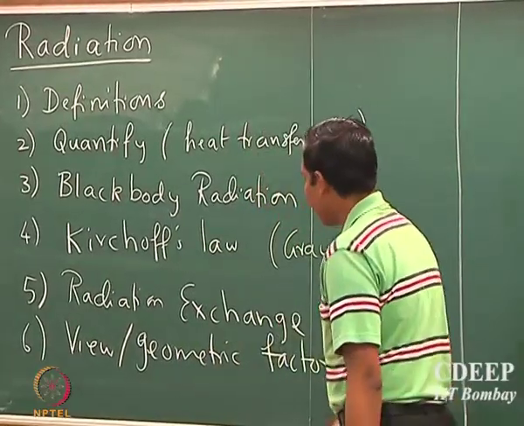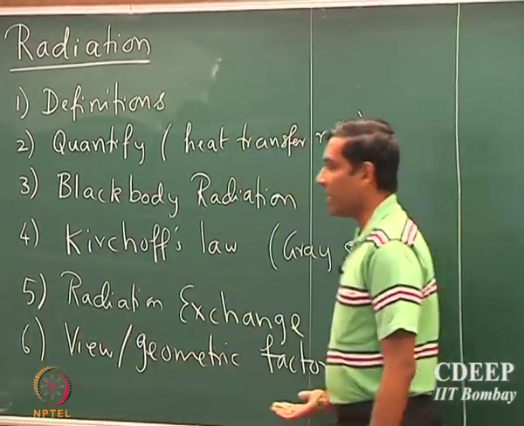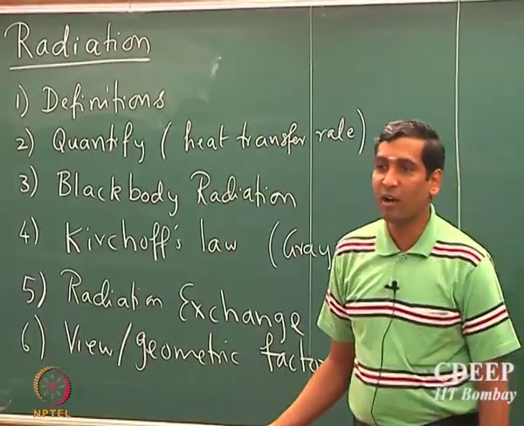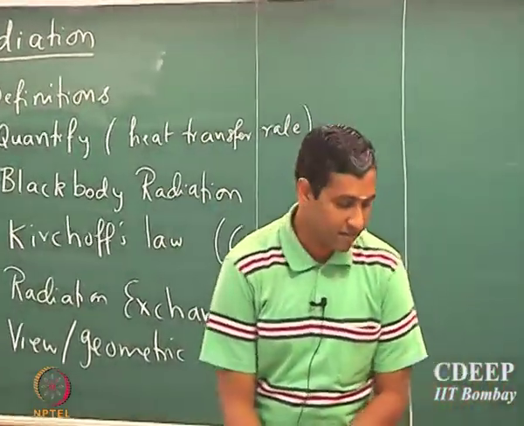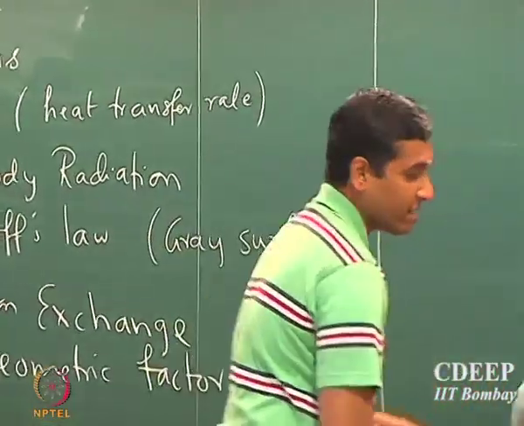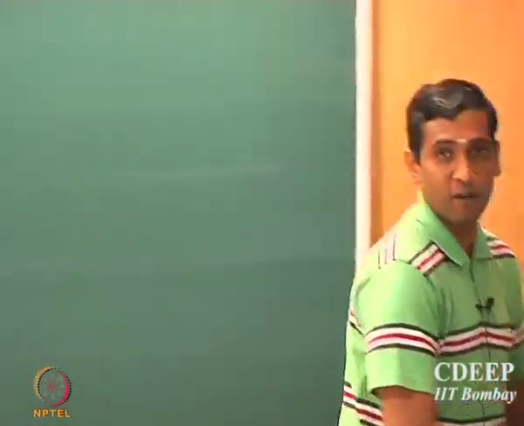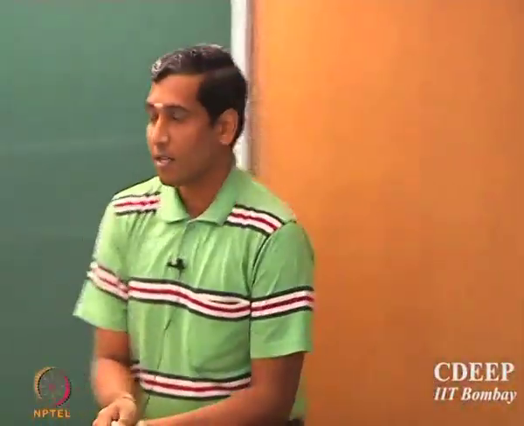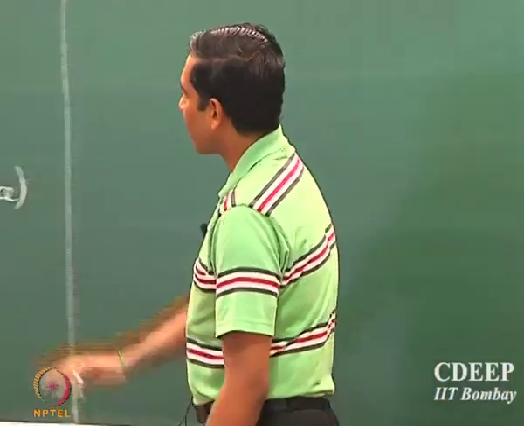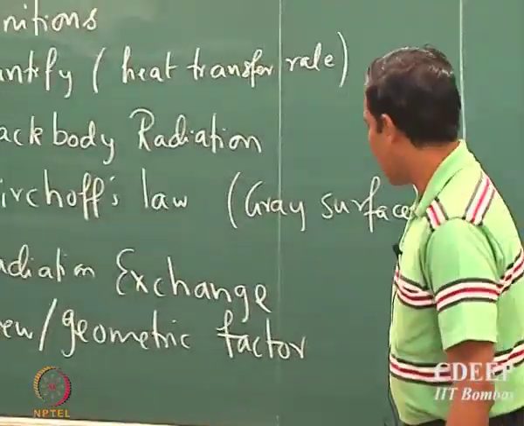So, one needs to find out what is the effect of the orientation, and that is generally called the view factor or geometric factor. So, we look at how to calculate the view factor and geometric factor for various kinds of systems. That is what we will do in the next 8 lectures.